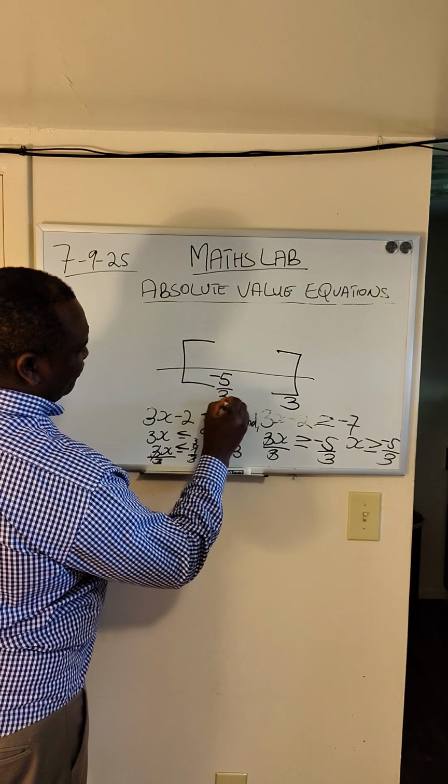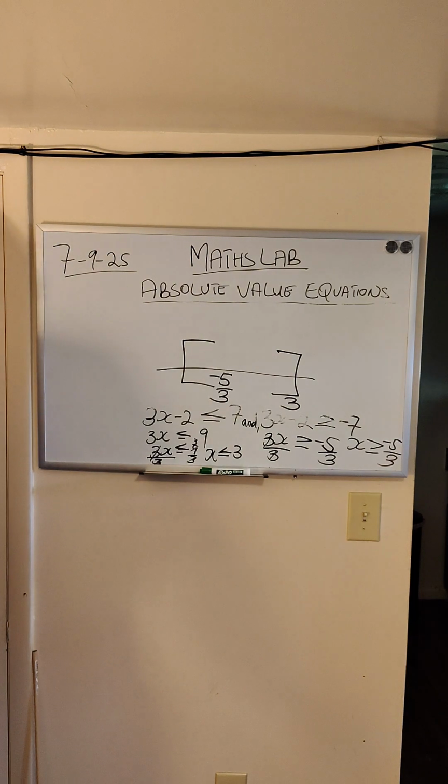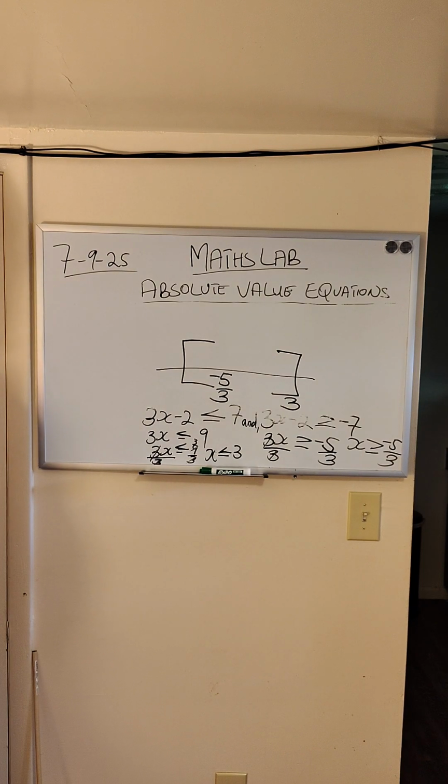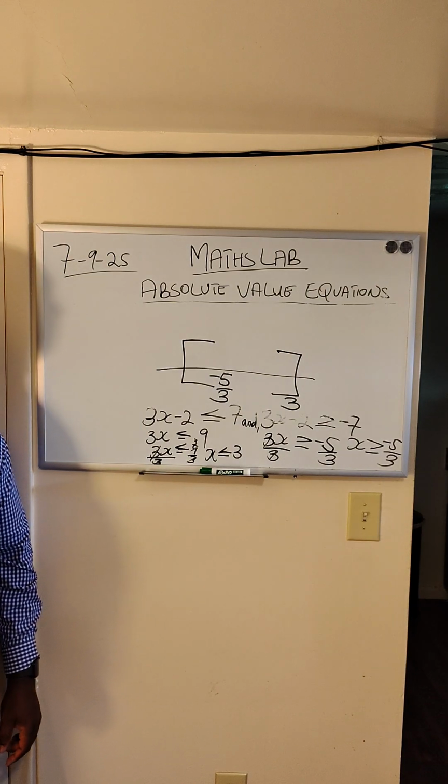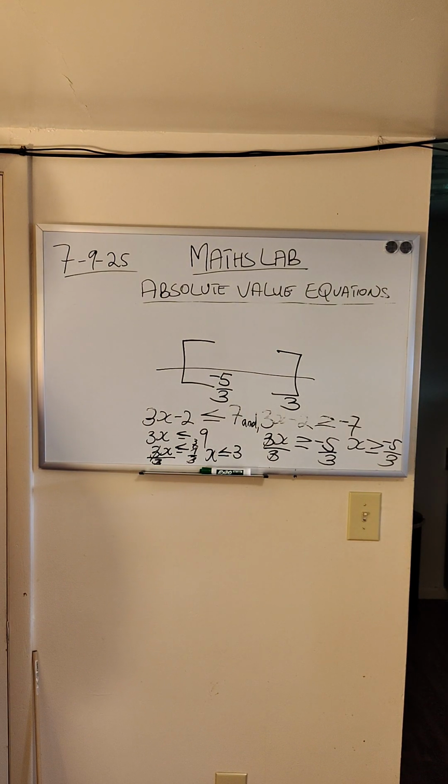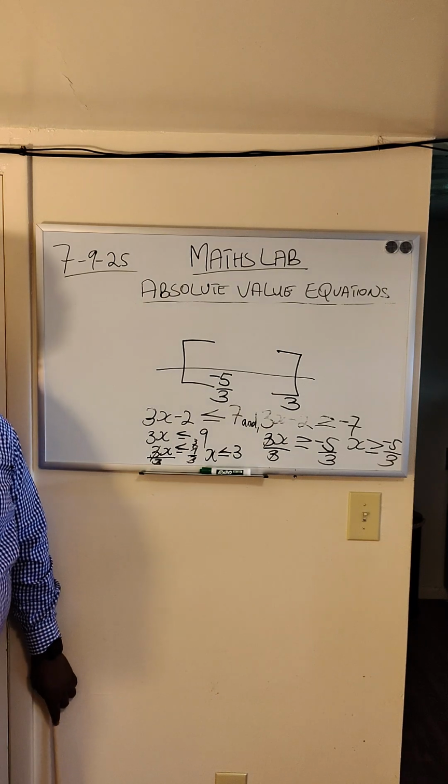X is equal to or greater than negative 5 over 3, whereas on the other side, x is less than or equal to 3. So you see, 3 is bigger than negative 5 over 3. That's why 3 is on the right side, whereas negative 5 over 3 is on the left side.